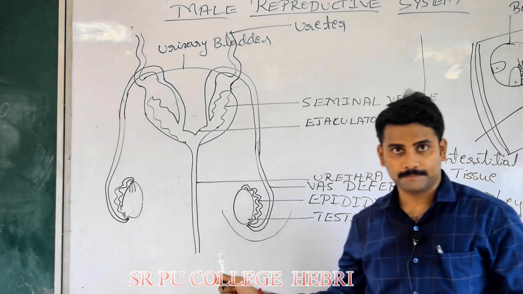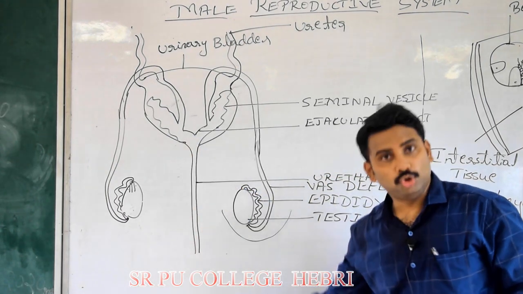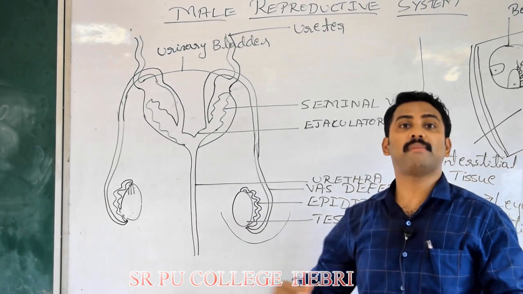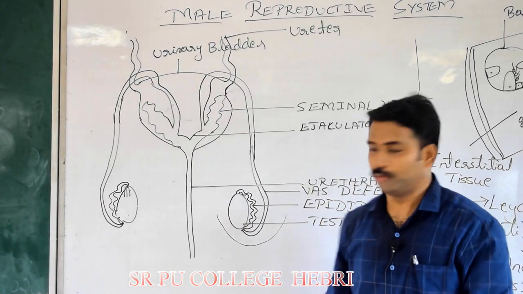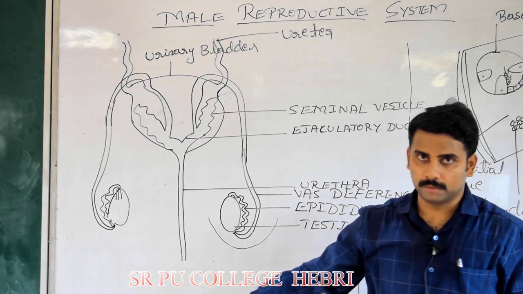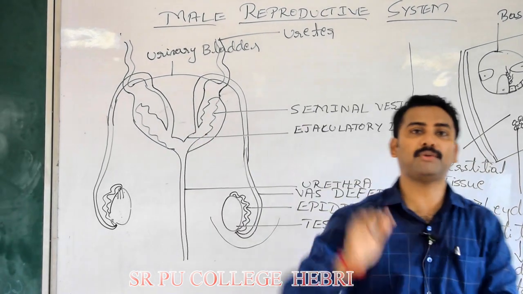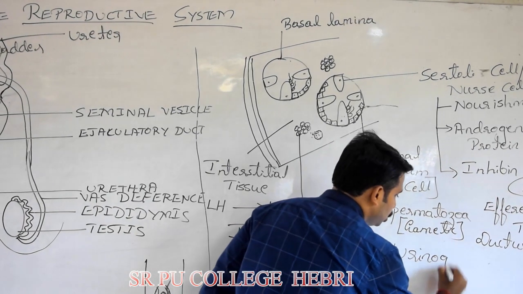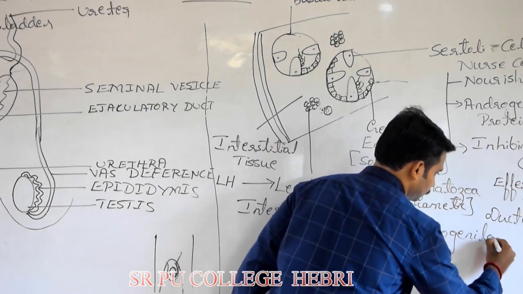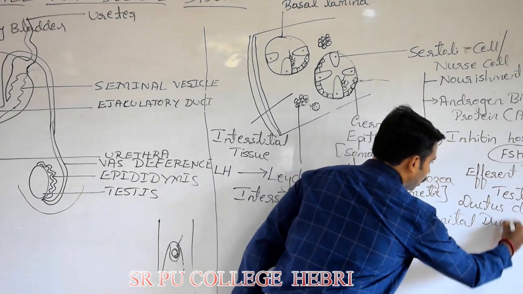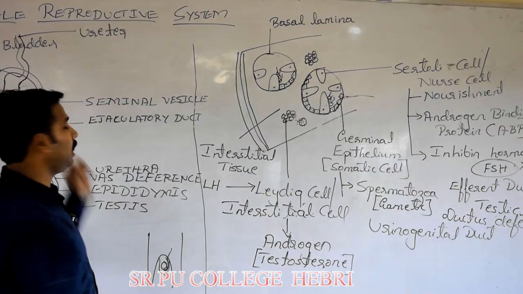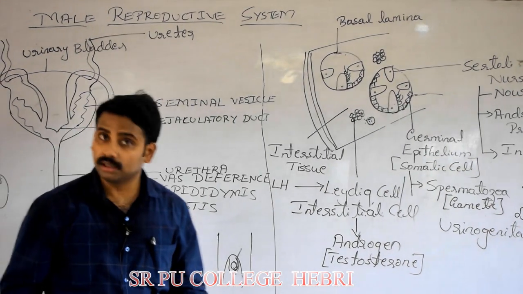That means through urethra urine will go out, through urethra semen, the sperm containing fluid, also goes out. As it is a common part for both, it is called urinogenital duct. What is that called? Urinogenital duct. Note that only in the males, not in the female.